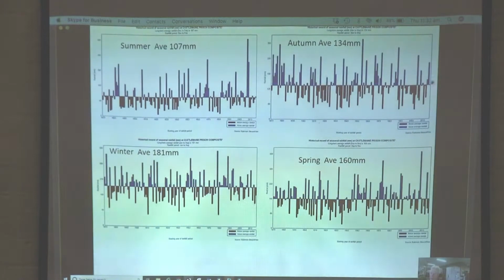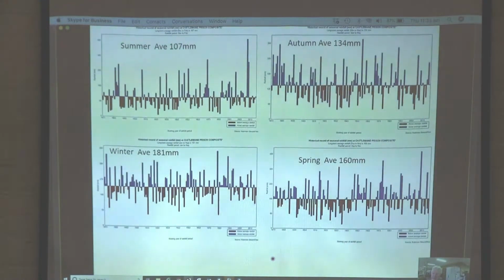Autumn is probably the one season where, across most of southeastern Australia, in the last 30 years there's certainly been something a bit different going on with the autumn breaks and the amount of autumn rainfall. So that shows up, and spring's probably another one where, in the last 10 years, there haven't been too many above the line. We'll talk a bit about that.